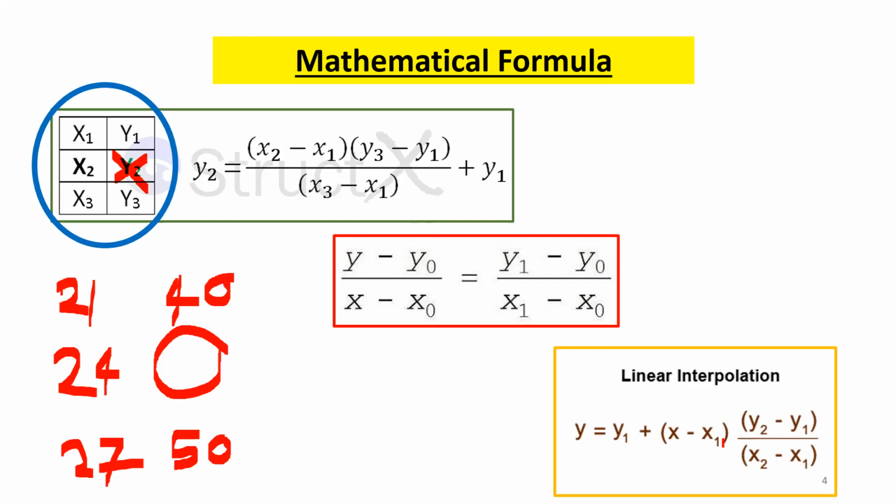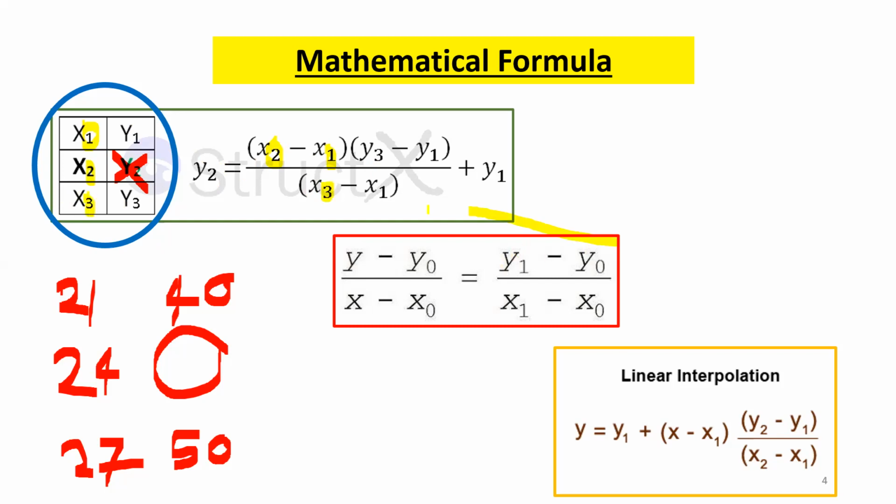The values placed in the spaces are somewhat different. In the first equation, this is x2, this is x1, and this is x3. Here the x values are given as 1, 2, 3.